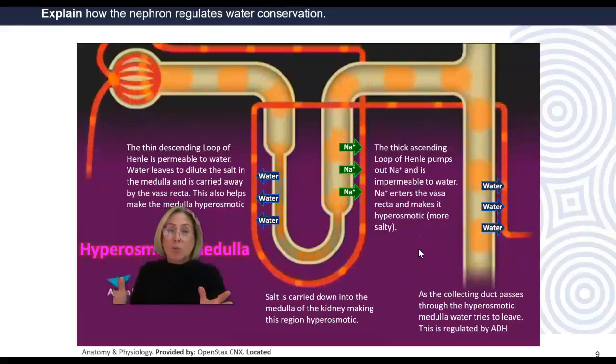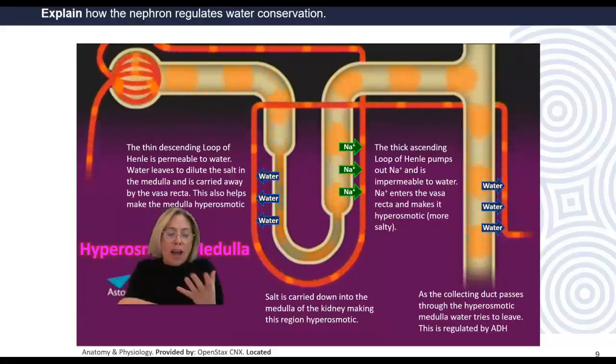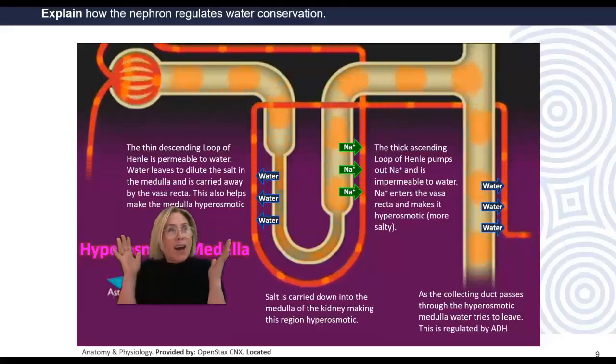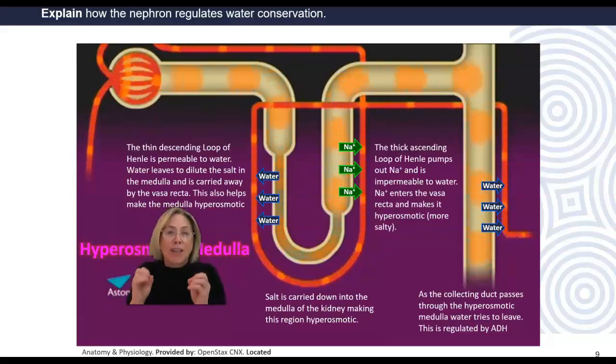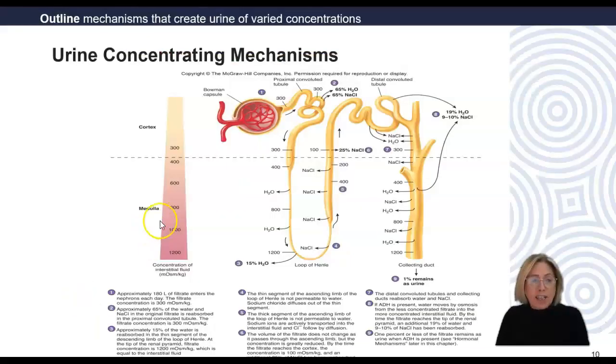If this doesn't blow your mind, about how our kidneys are functioning to regulate our fluid and electrolyte balance by allowing us to concentrate urine when need be, I don't know what else will amaze you, because I find this fascinating.